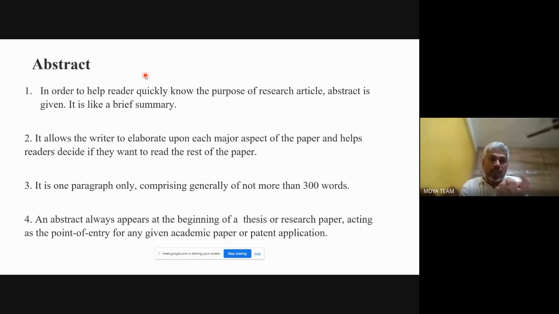In order to help the reader quickly know the purpose of a research article, an abstract is given. It is like a brief summary. So an abstract is a brief summary of any research paper, research article or thesis. Before the introduction, we have to give the abstract in a very short, brief format.